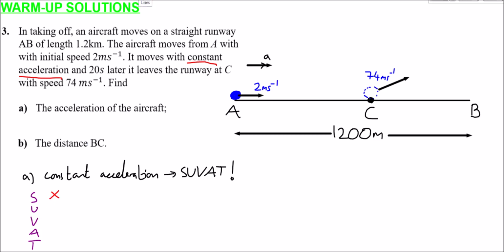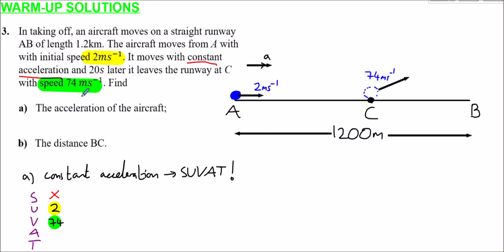We're told here that the initial speed is 2 meters per second. So our U is 2. V stands for final velocity, or final speed, if the direction is obvious. So here, we've got 74 meters per second, so we can label this in because we know that.